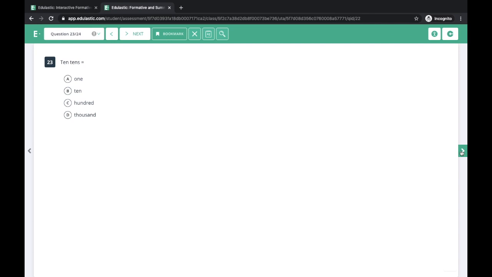We see 10 tens equals blank. Does 10 tens equal 1, equal 10, equal 100, or equal 1,000? We know if we bundle 10 tens, or if we count by tens 10 times, we make 100. So our answer choice is going to be 100.